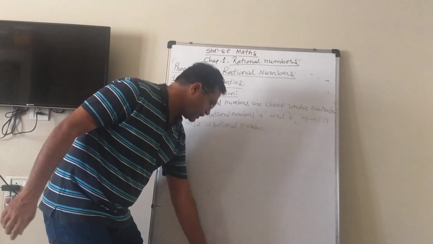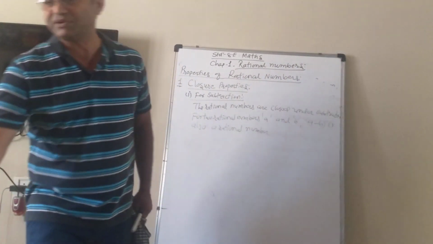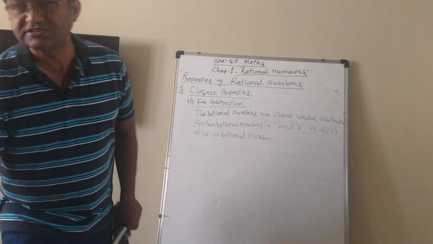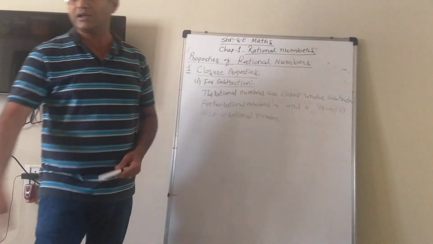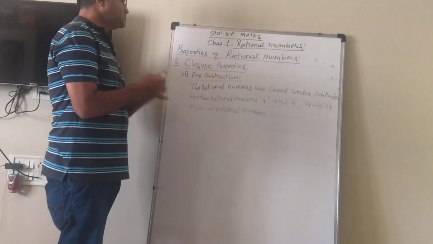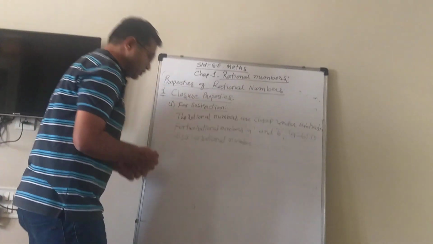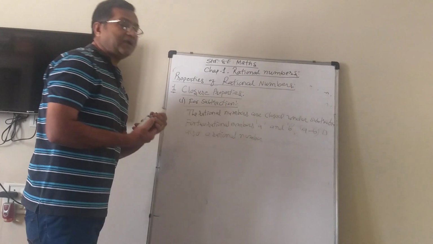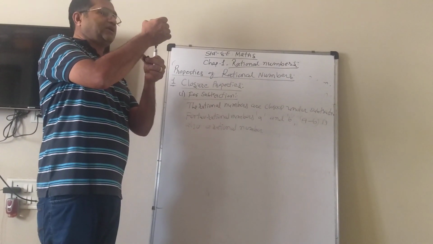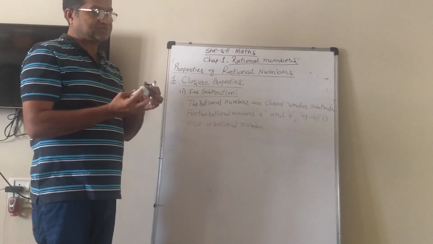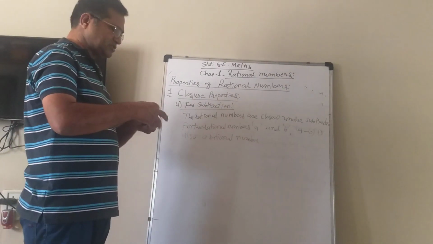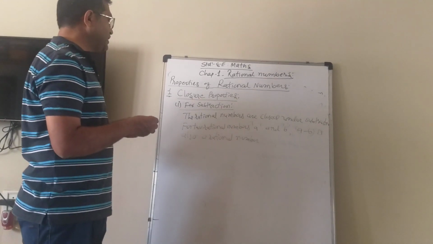So here we can see that when we subtract two rational numbers, the answer is again a rational number. We are going to see that through an example also.